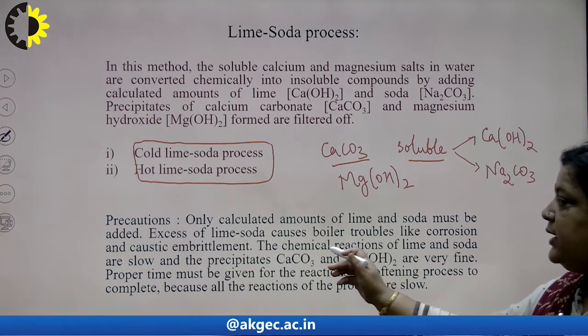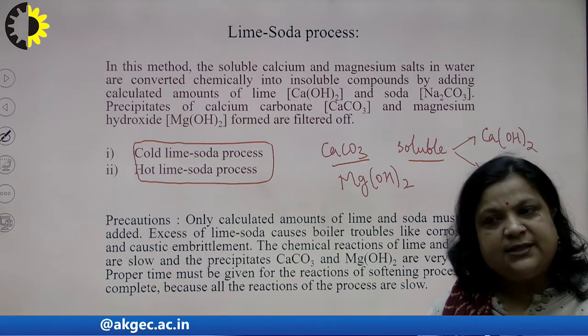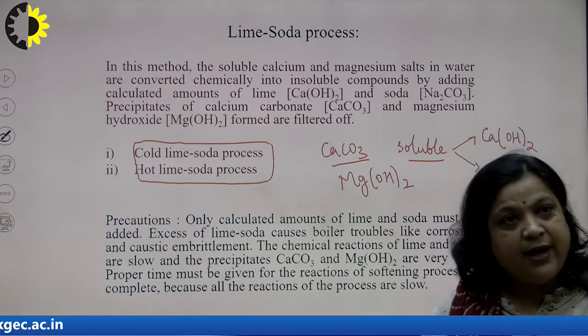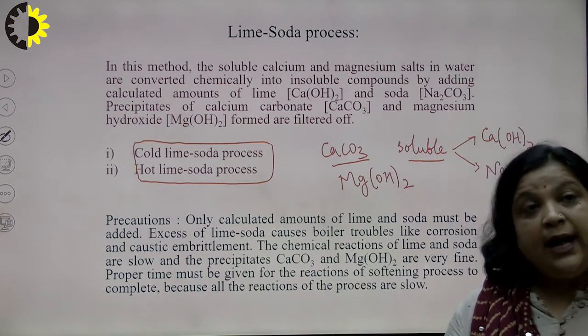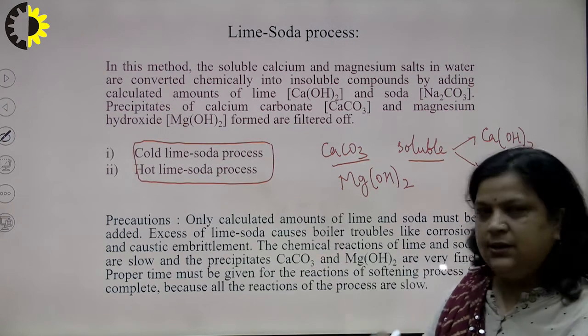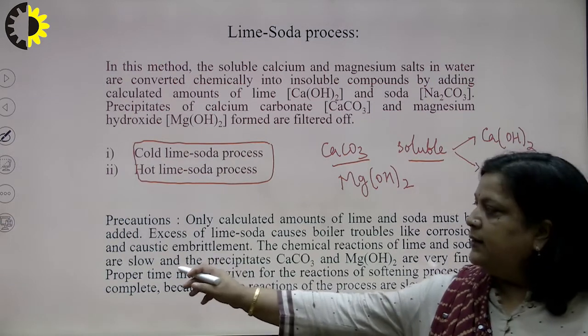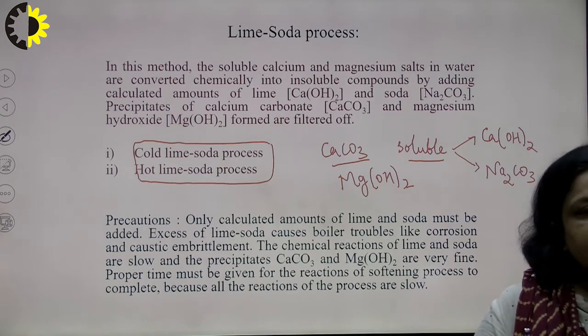Another thing is that the chemical reactions of lime and soda are slow. So, the precipitates of calcium carbonate and magnesium hydroxide are very fine. Fine means filtration is very difficult, and that is why in the first process we add some coagulant, and proper time must be given for the reaction to complete.